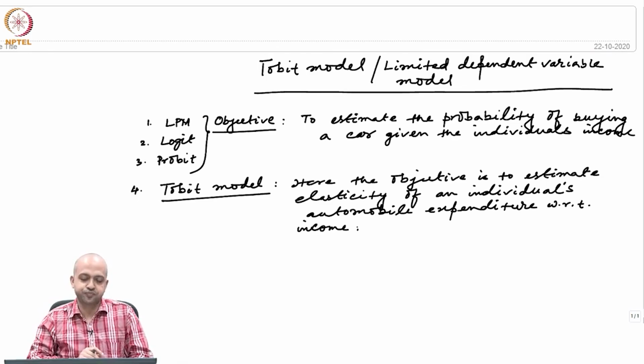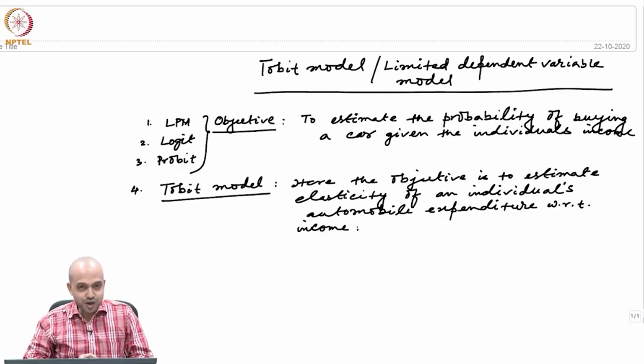Now, if this is my objective, then when you go and survey people and ask what is your expenditure on automobiles, some individuals who have, let us say, an i10, will say 5 lakhs, 7 lakhs, 10 lakhs, 15 lakhs, 20 lakhs, 1 crore, like that. Then correspondingly you note down their income also. But there would be some households who will say, I have no car actually, so my expenditure on automobile is 0.